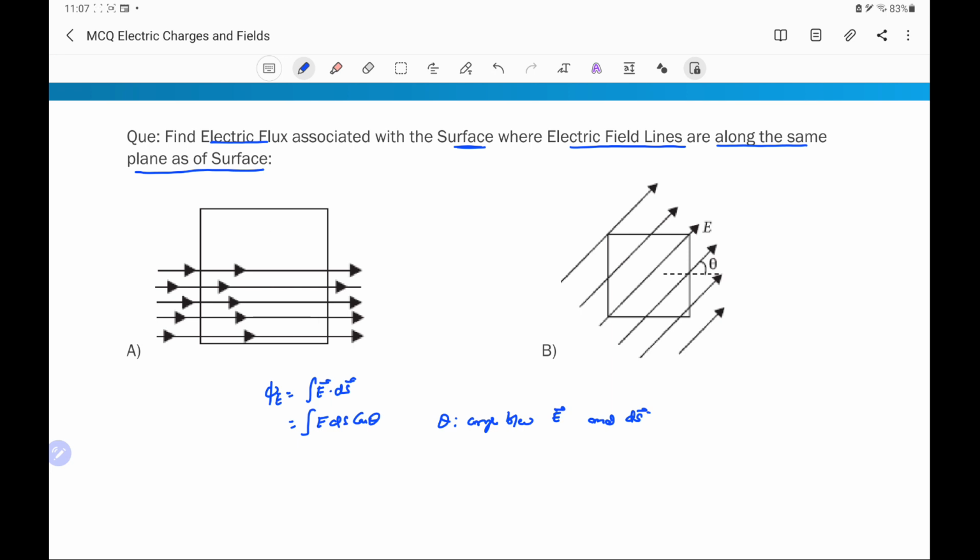Hence, in both cases, we can say that theta is 90 degrees. And because theta is 90 degrees, cos 90 will be 0. Therefore, flux will be 0 in both cases.